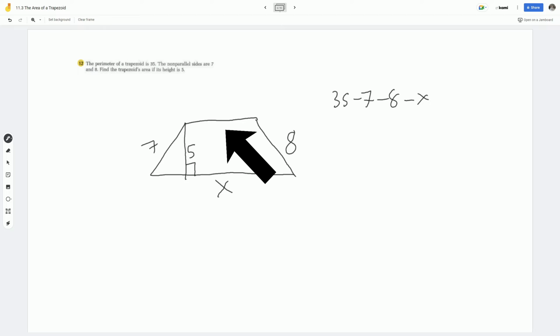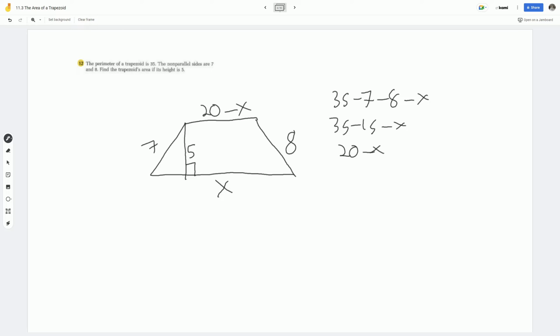This side has to be the perimeter minus every other side, which means 35 minus 7 minus 8, which is 7 plus 8, or 15, minus x. This can be simplified again. 35 minus 15 is 20 minus x. So we know this side is 20 minus x. And once again, it doesn't matter which side you flip them, as it is a variable. If you had this side labeled 20 minus x, you just have to make sure the other side is labeled x.